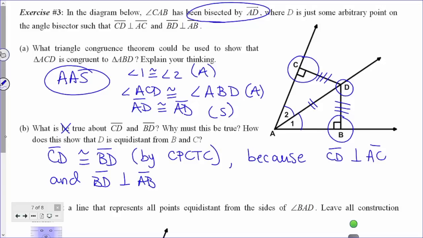So the shortest distance from D to that ray and that ray is that perpendicular distance. So the shortest distances are the same.